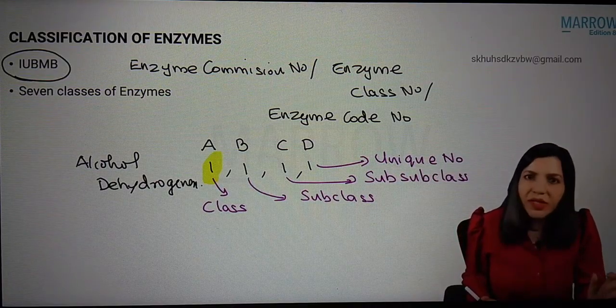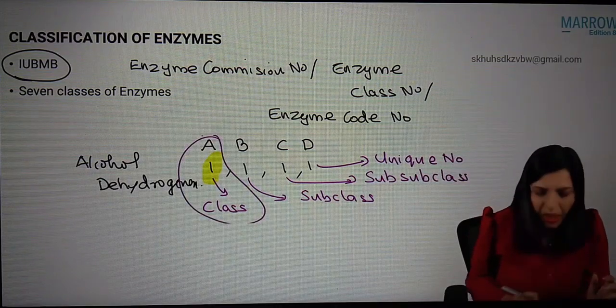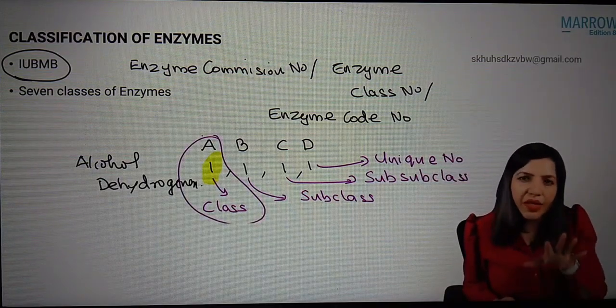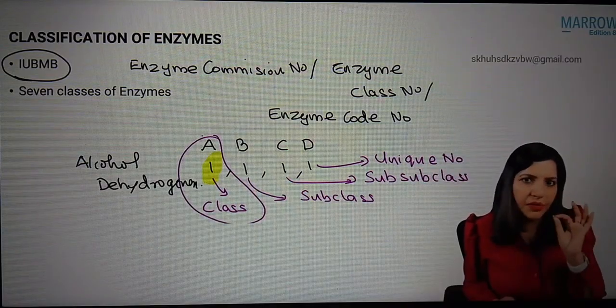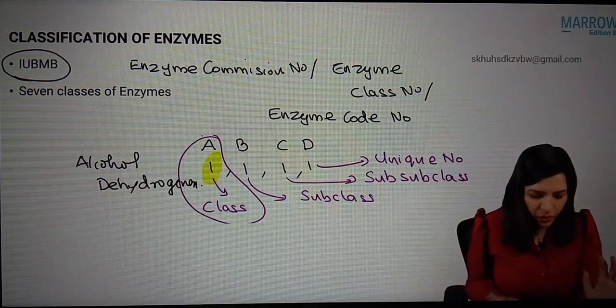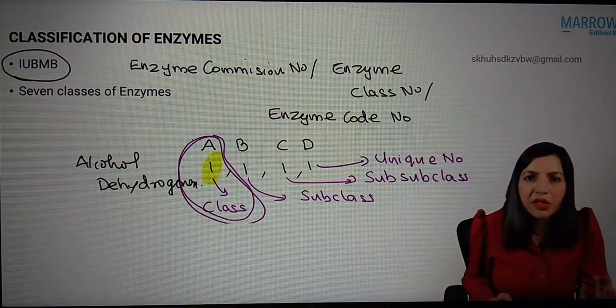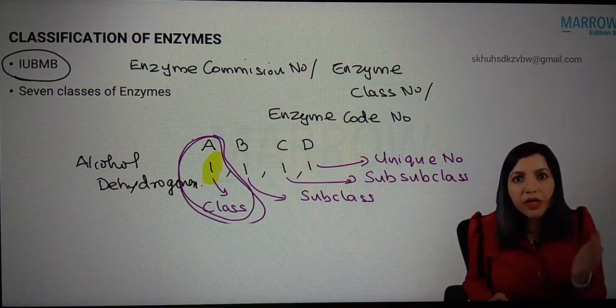Okay, fine. So once that is clear, we are just concentrating on the enzyme classes, and for subclasses, only in a certain class will I describe them. Apart from that, we are not going to learn all the subclasses. So we are going to learn the first digit, which is numbered from 1 to 7.